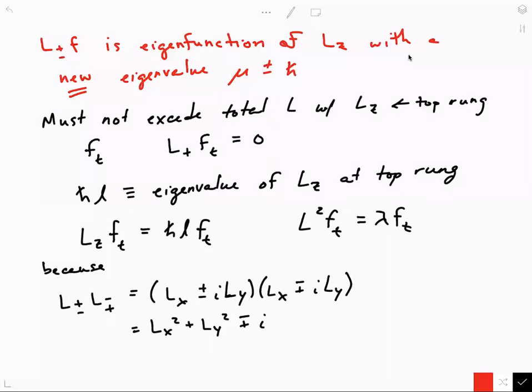So we're going to see that we can simplify this operation in this way. I'm just writing out a raising operator and then a lowering operator, or a lowering then a raising, and I'm condensing this all down into one equation with the stacked pluses and minuses.